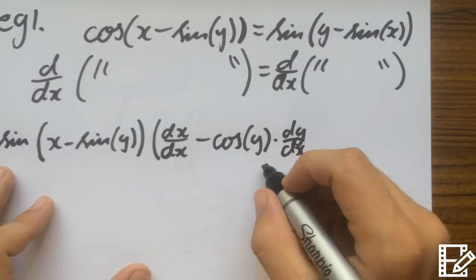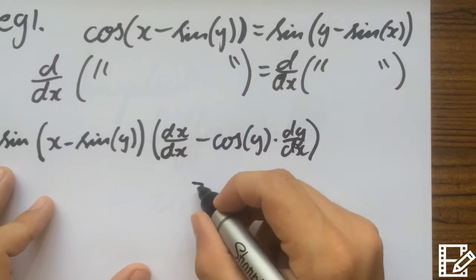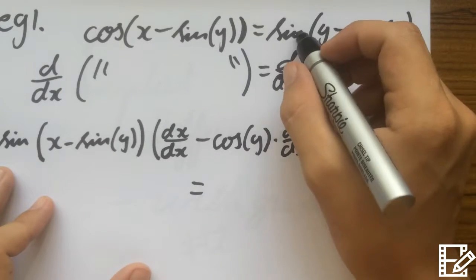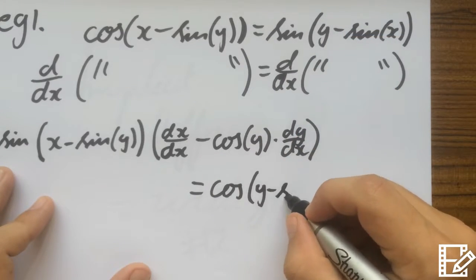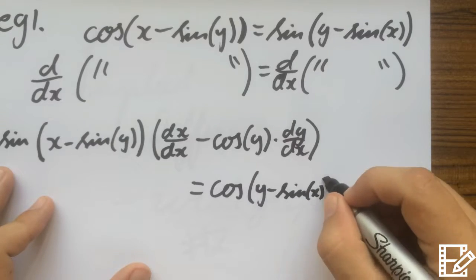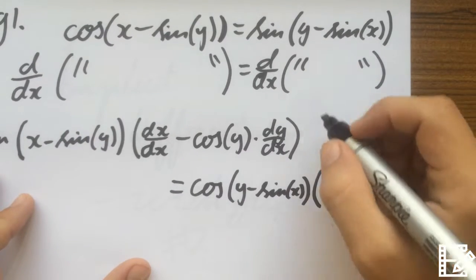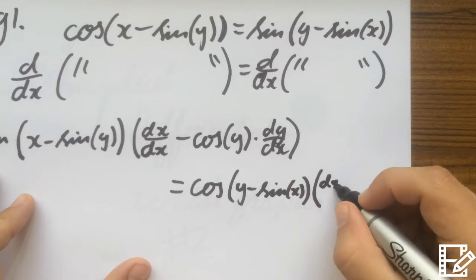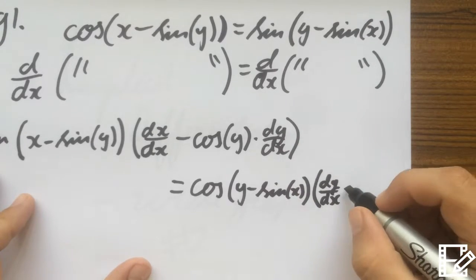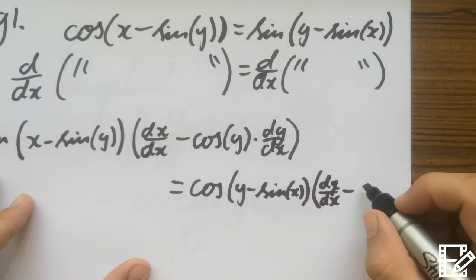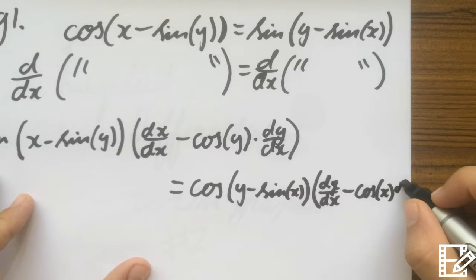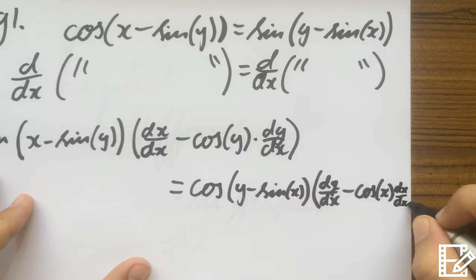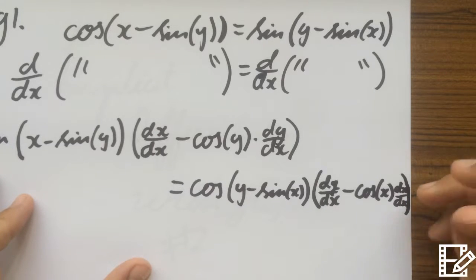Which equals this side, which is the derivative of sine, cos of y minus sine x, multiplied by the derivative of y, minus the derivative of sine, which is cosine x, and the derivative of the inside is dx on dx. And then you've got your bracket to finish it off.